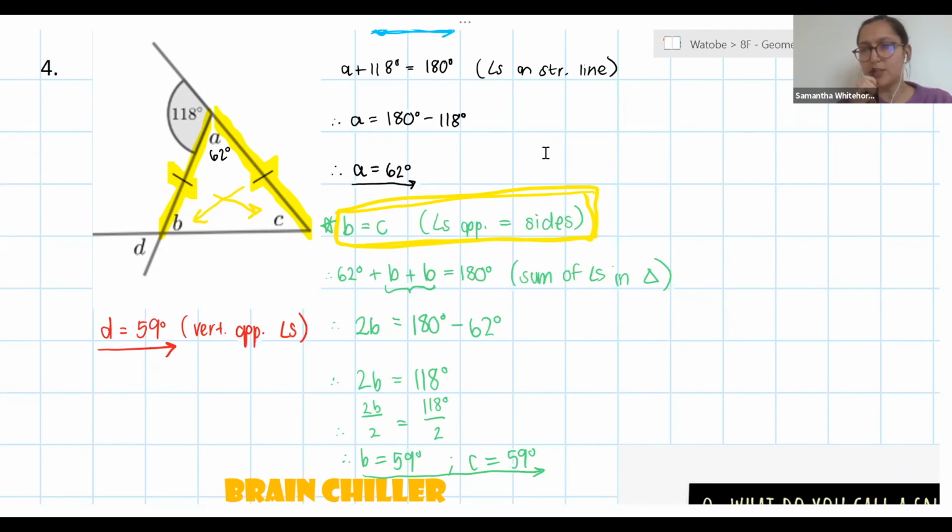Okay, so try find it and then you can put your hand up. No, we don't have alternate angles. We don't have any parallel lines here, so we can't use any of the parallel line reasons. Okay, thank you, ma'am.